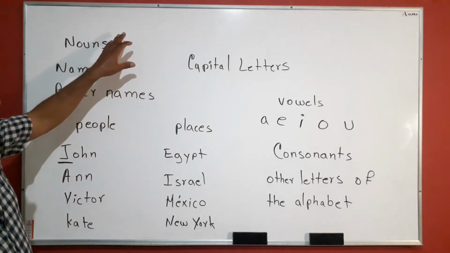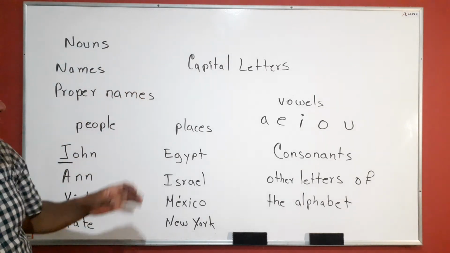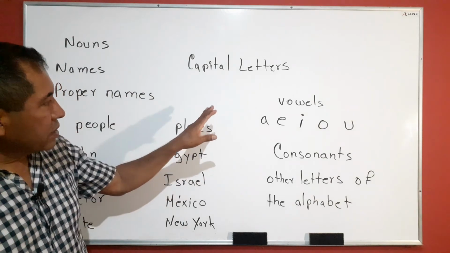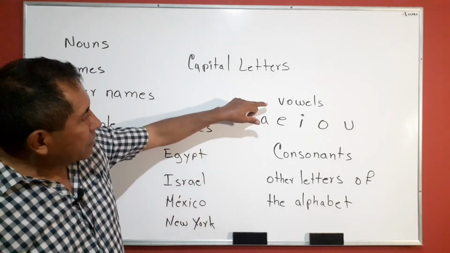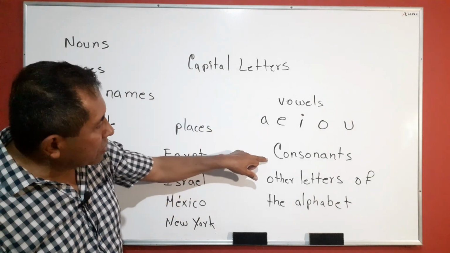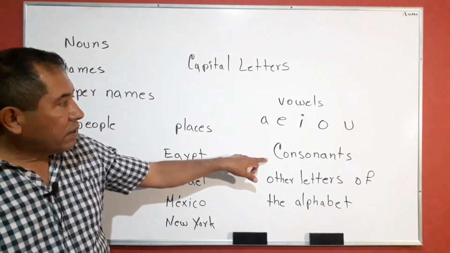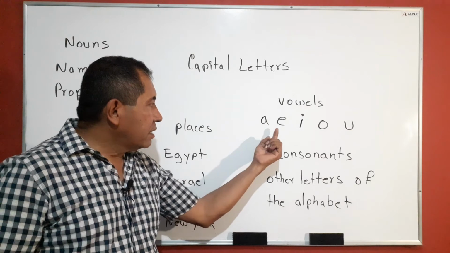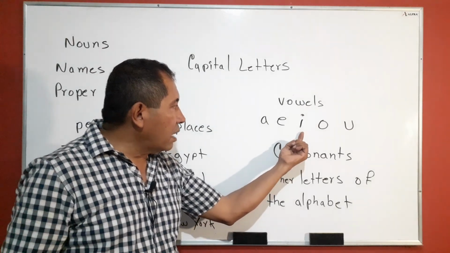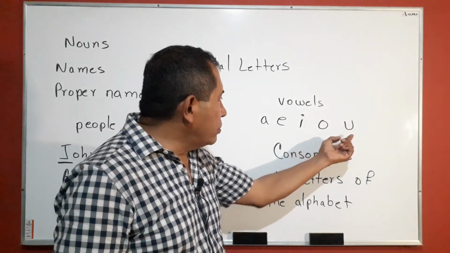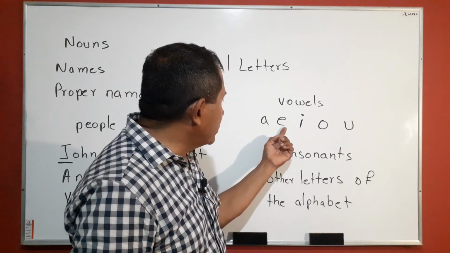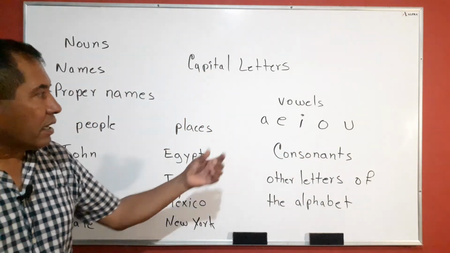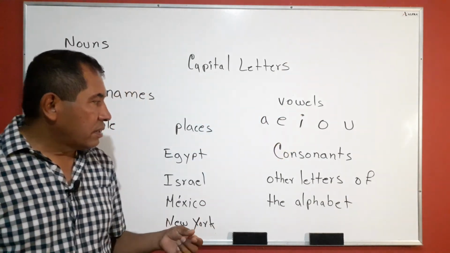The alphabet that we studied a few minutes ago has inside vowels and consonants. The vowels are the letters A, E, I, O, U. One, two, three, four, five letters that are vowels.